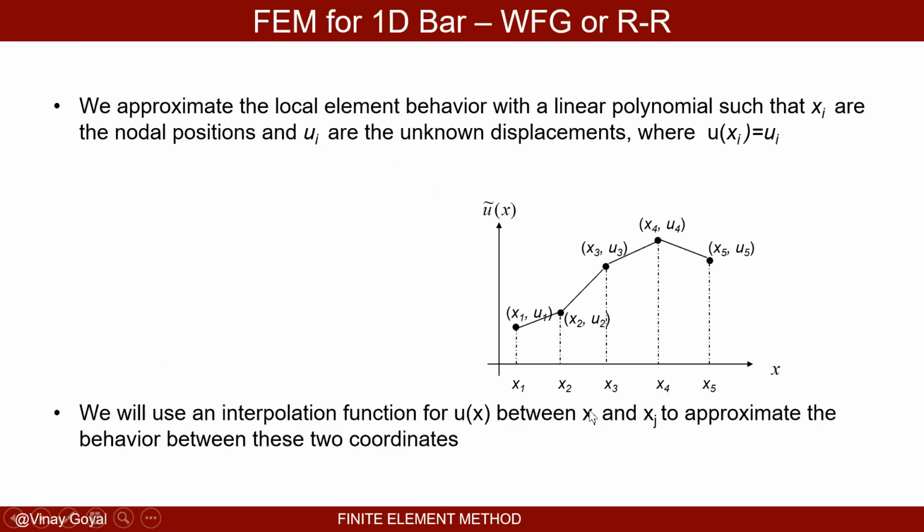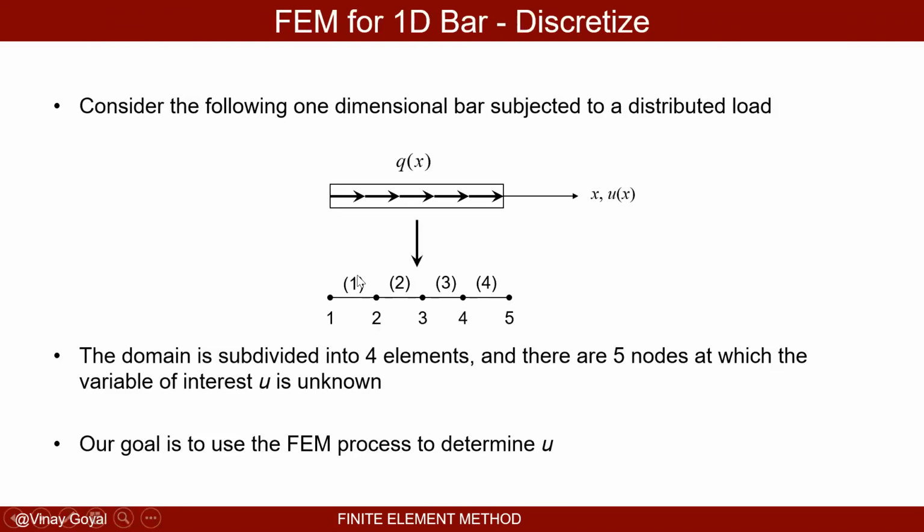So let me go back to show you what we've done. We've taken this domain divided into 4 elements, and there are 5 nodes. And in typical weak form Galerkin, you're going to have a polynomial approximation that has unknown coefficients that must satisfy essential boundary conditions.